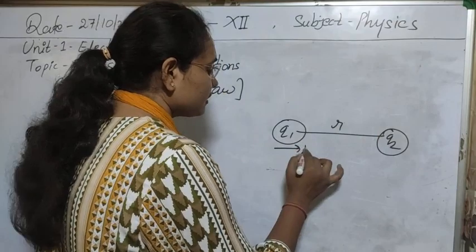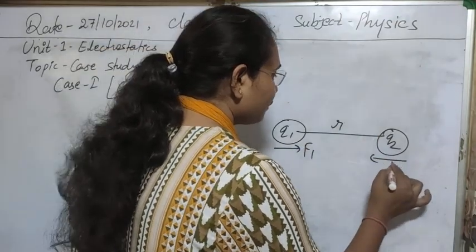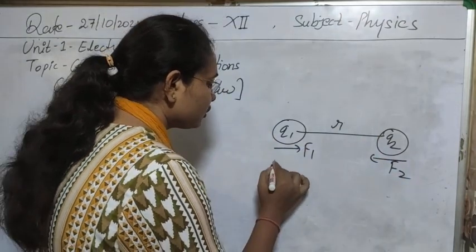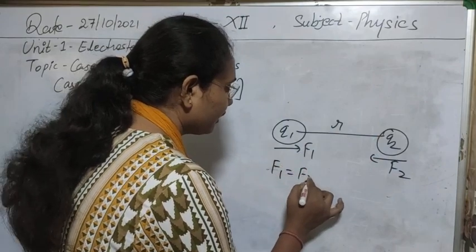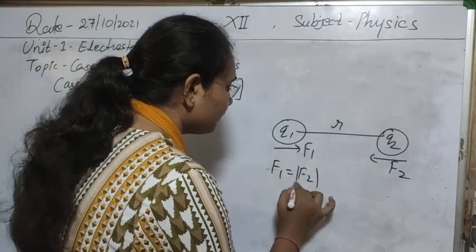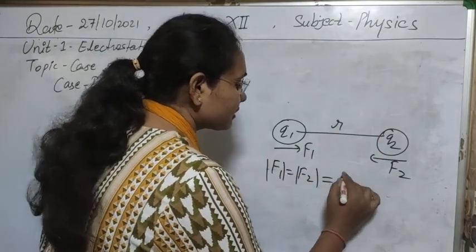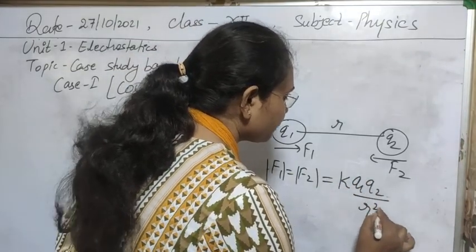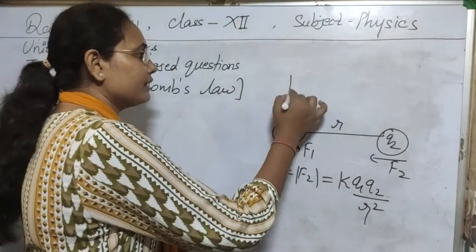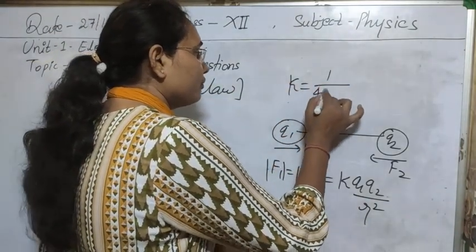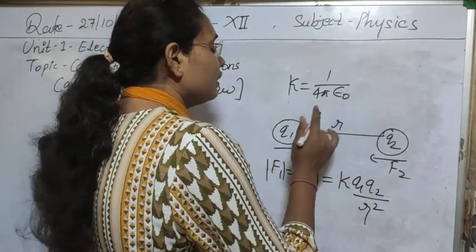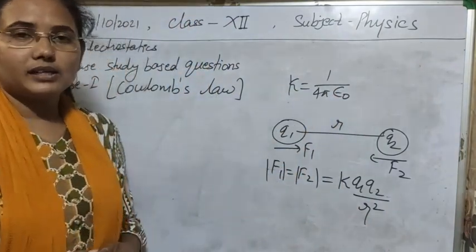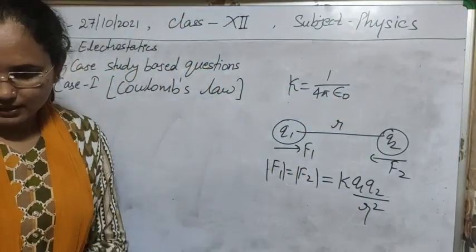They apply forces F1 and F2, and the strengths of F1 and F2 are equal in magnitude but opposite in direction, equal to K Q1 Q2 upon r squared, where K is 1 upon 4 pi epsilon 0 for free space, and if it is not free space then it is epsilon.